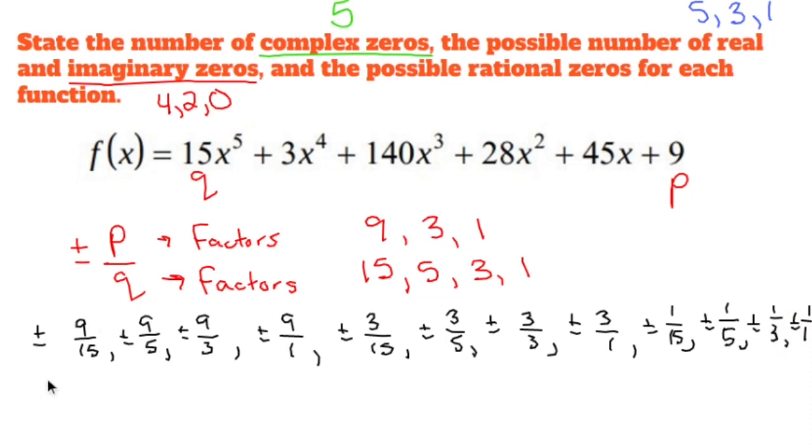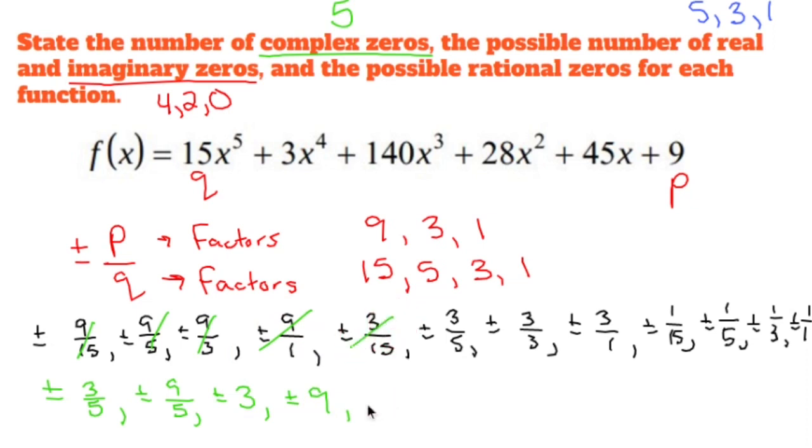Let's simplify while we're at it. Plus or minus 9 over 15 can be written as 3/5. Plus or minus 9 over 5 is simplified as much as it can be. Plus or minus 9 over 3 is 3. Plus or minus 9 over 1 is 9.